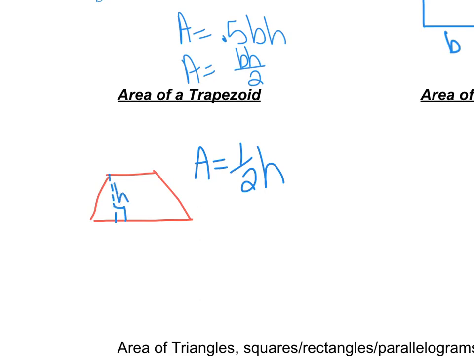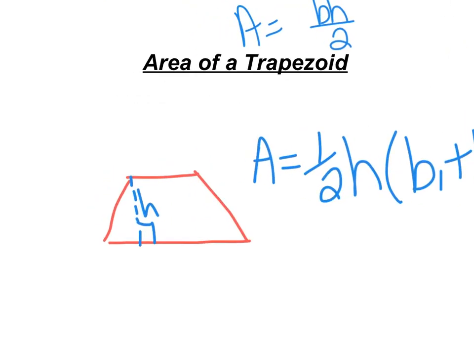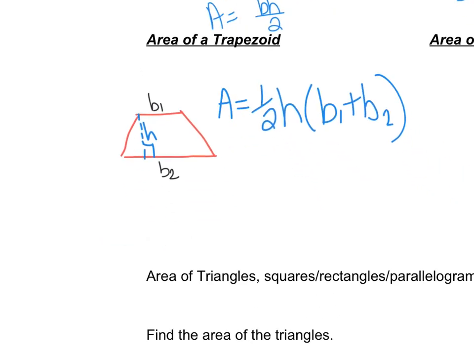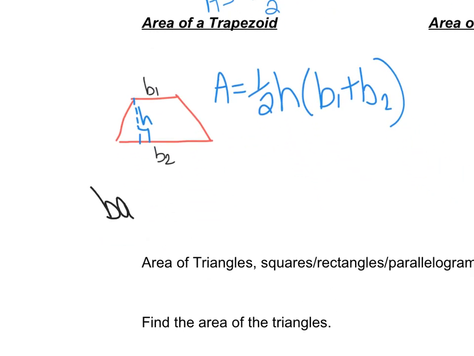So there's going to be our height times the sum of our bases, B1 plus B2. And our bases are always the parallel sides. In this case, this would be B1 and this would be B2. Our bases are the parallel sides.